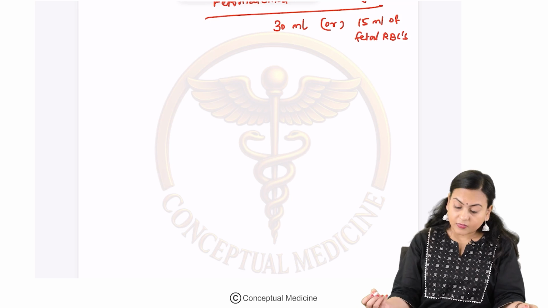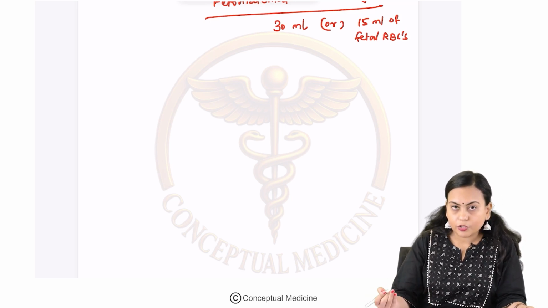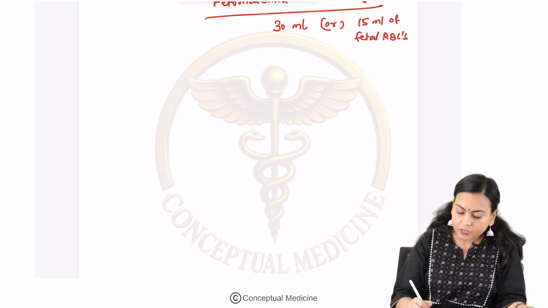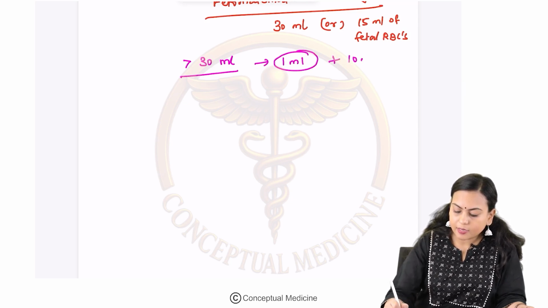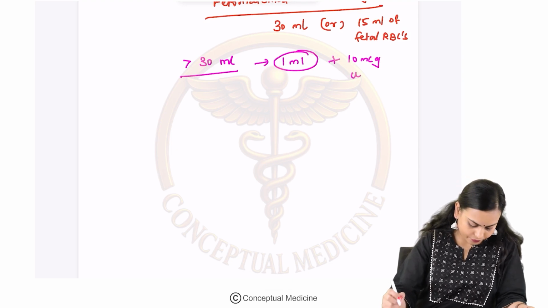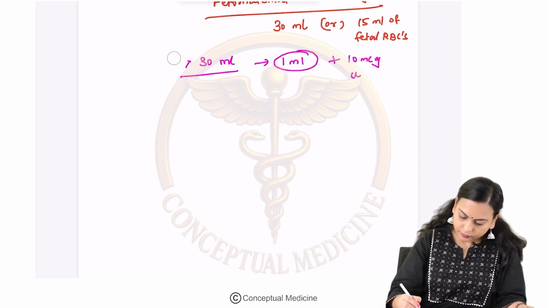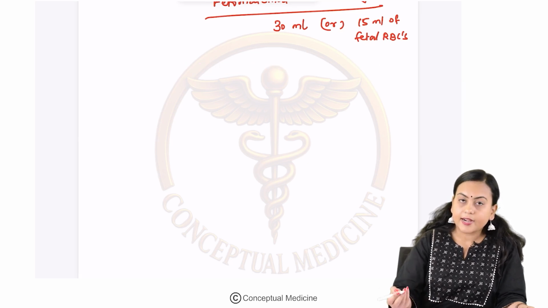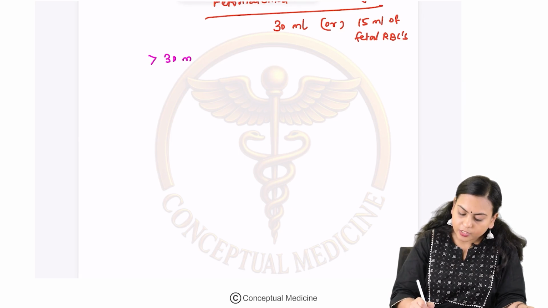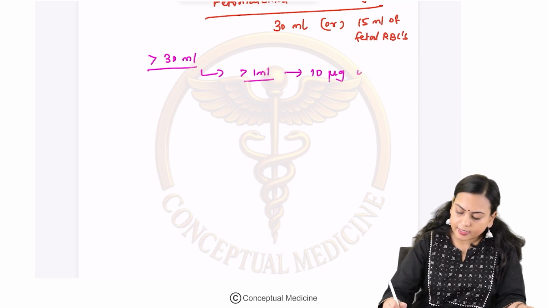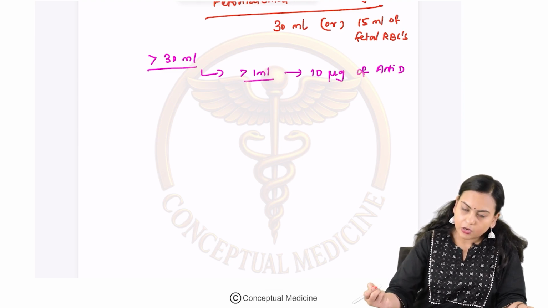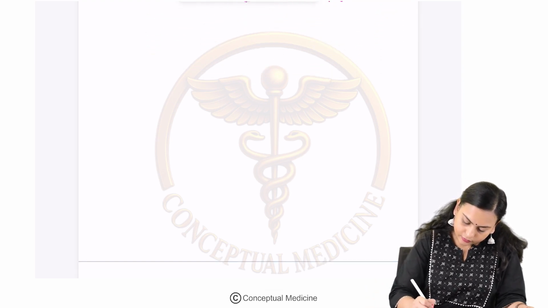Clear? And if more feto-maternal hemorrhage has happened, more than 30 ml, then for every 1 ml above that, we will be adding an additional 10 micrograms of anti-D.